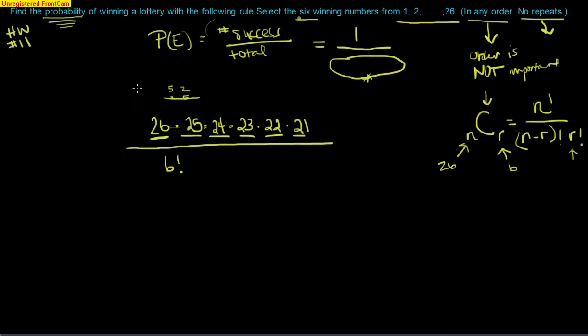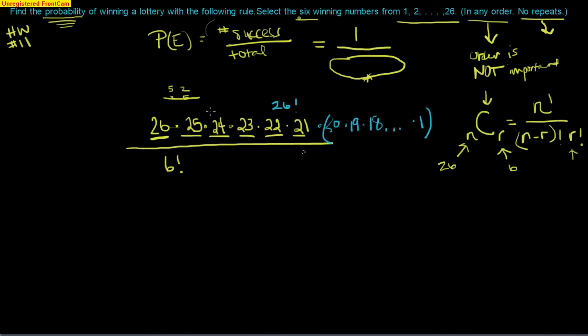Okay. All right. So this is going to be a strange thing to type into our calculator. So where does the n factorial, n minus r factorial come from? Well, let's think about it. We know that 26 factorial is actually 26 times 25, 24, 23 times 22 times 21 times 20 times 19 times 18, all the way down to times 1. That's the true 26 factorial, right? But we don't want all this.